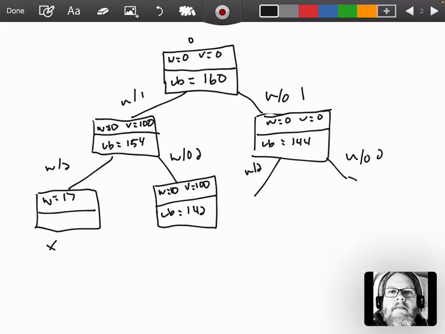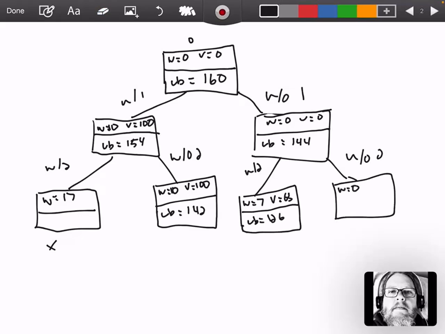The with 2 here is going to get us a W equals 7, a V equal to 63, and our UB is going to be equal to 126. Over here, we're still staying with W equals 0, V equal to 0, but our UB has now dropped down to 112.